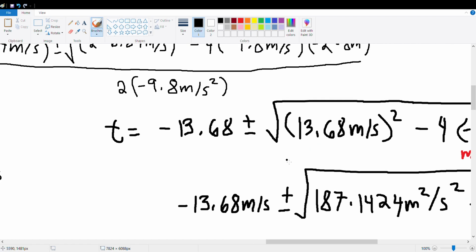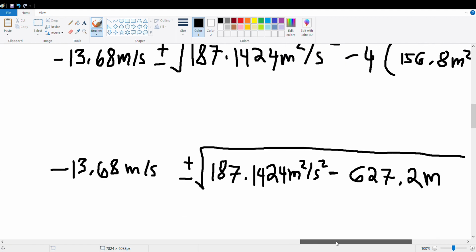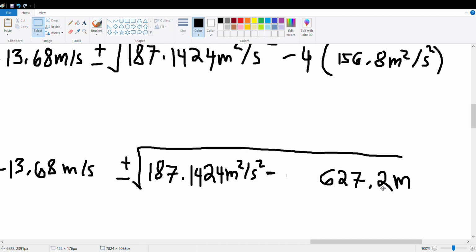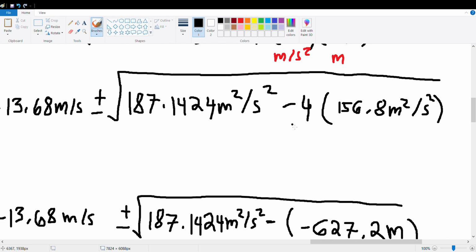Okay, what am I doing wrong? Alright, this should actually be negative 6.627.2 meters.